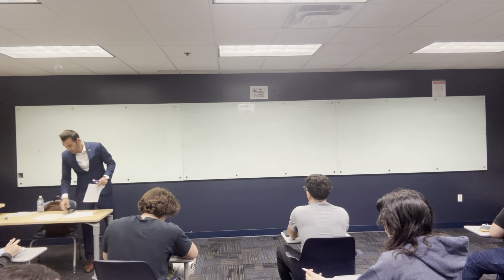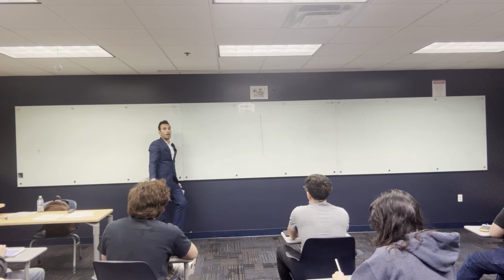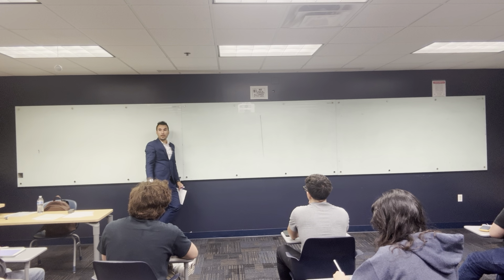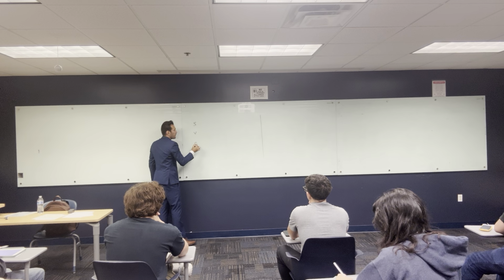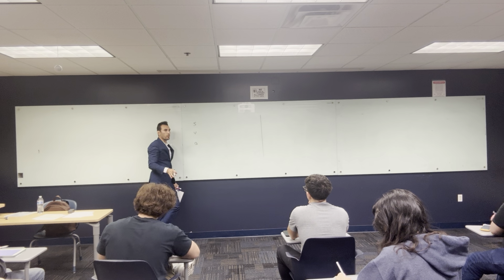Let's revise what we did last time. Last time we started to get the relationship between the position of a particle and the velocity and the acceleration. So we had s, we had v, we had the acceleration. These are the three main components of any particle or any body that is moving.